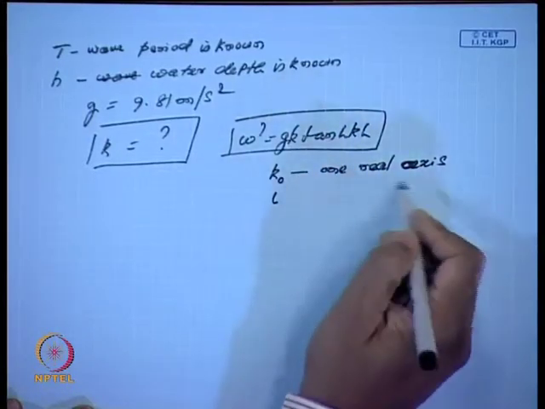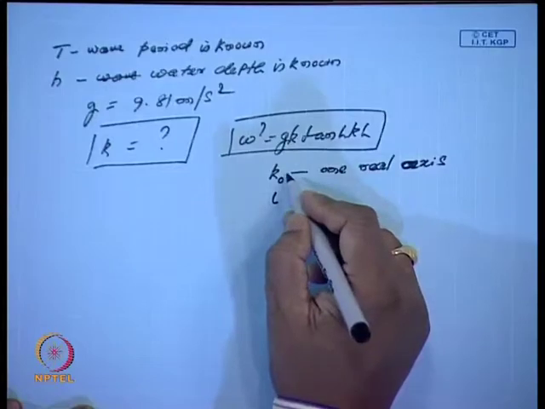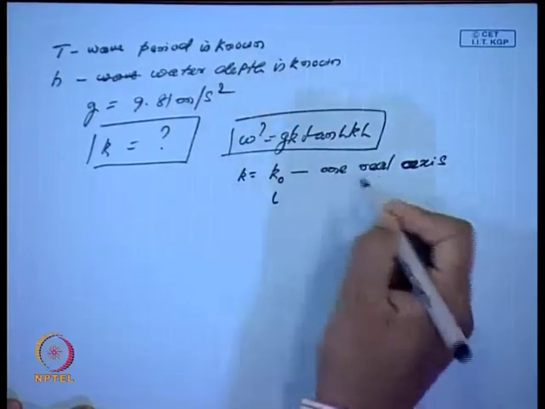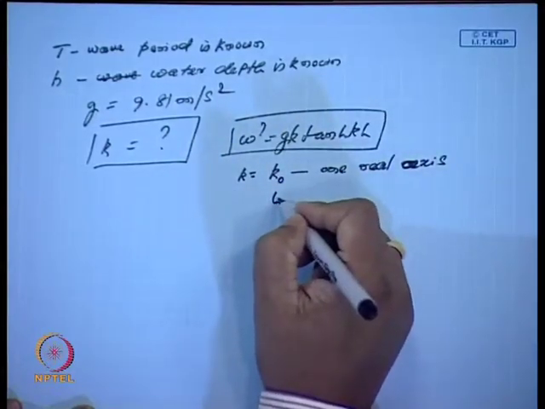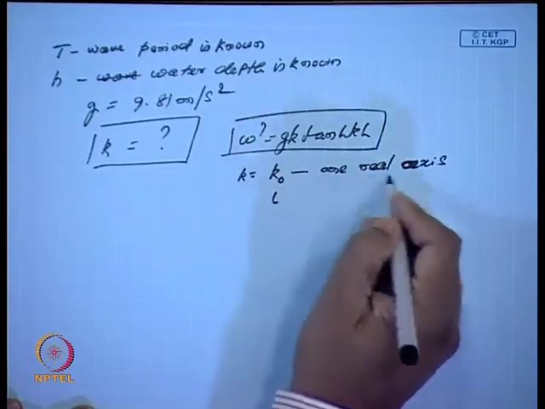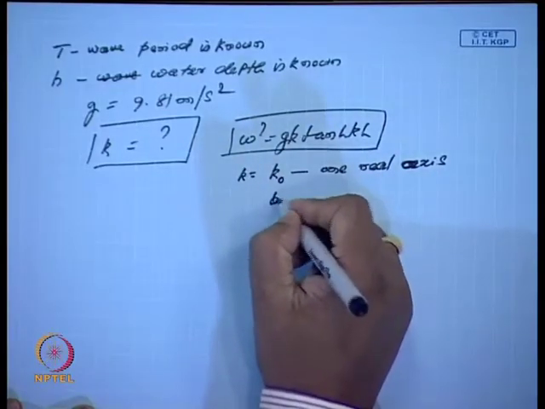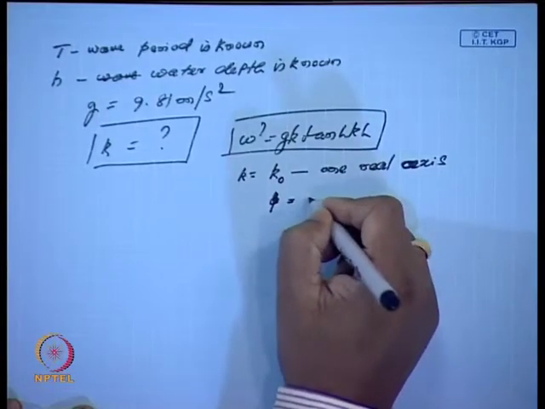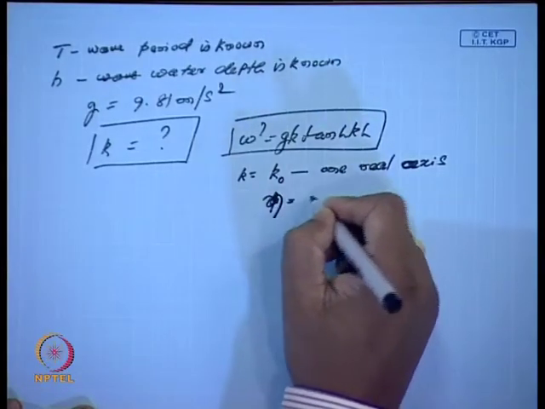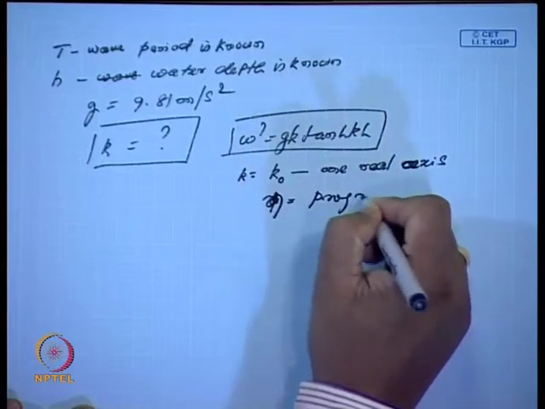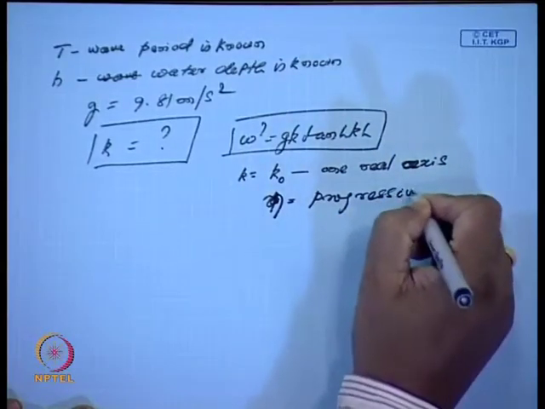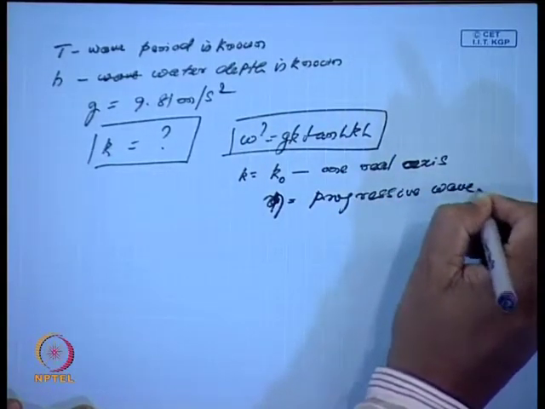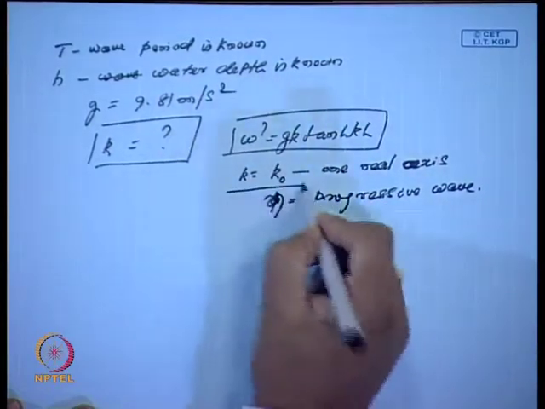If k naught is the one real root of this, the corresponding eta is the progressive wave solution, the progressive wave part, for k is equal to k naught real.